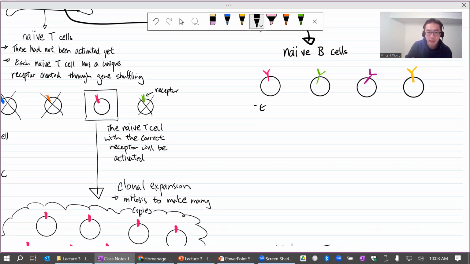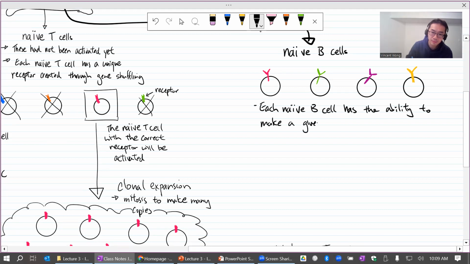Each naive B cell has the ability to make a certain antibody.